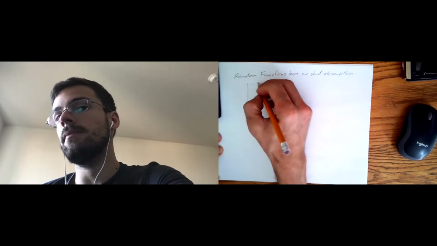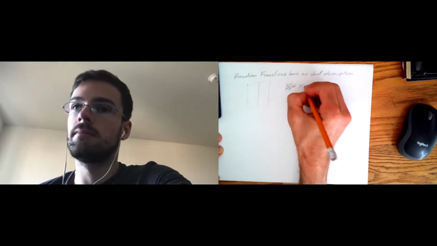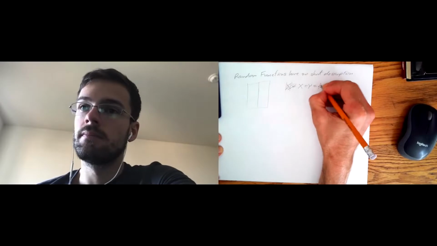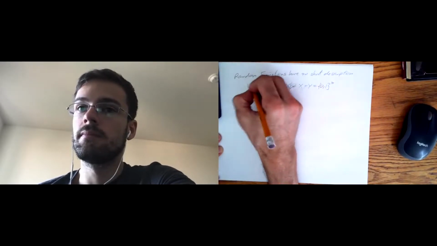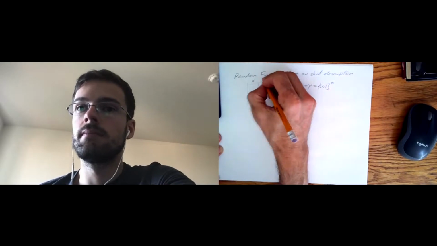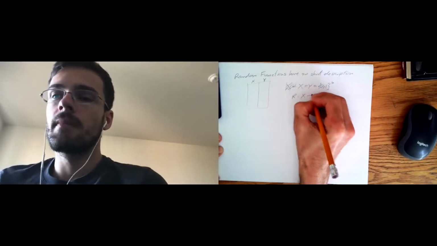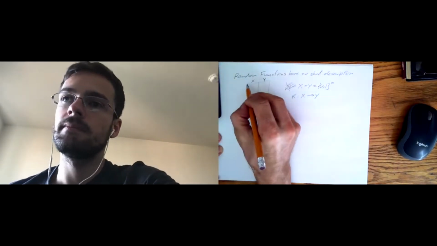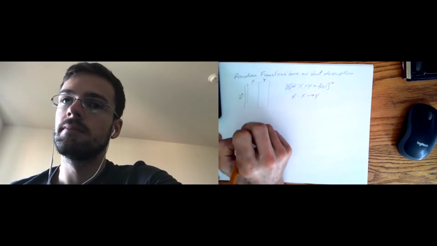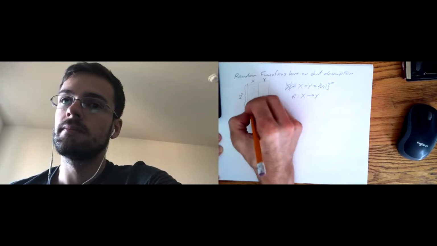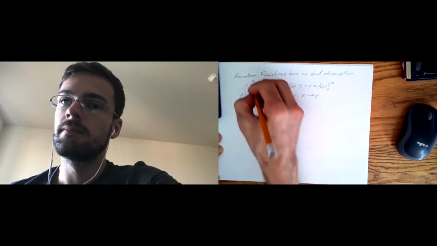Let's say that X and Y are both n-bit strings. So here is the function r from X to Y. How many arguments do I have? 2 to the n. How many possible values? Each one has n bits.